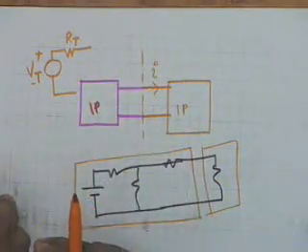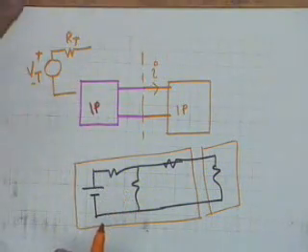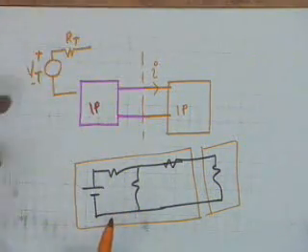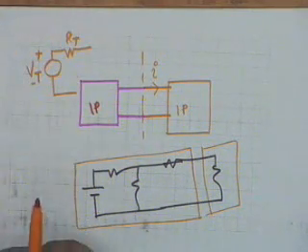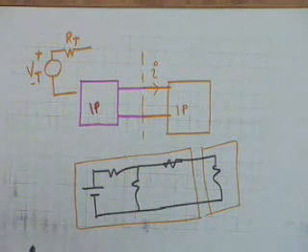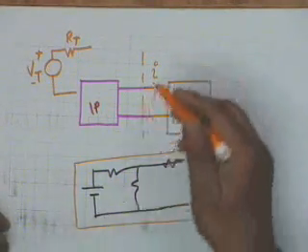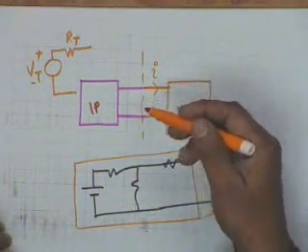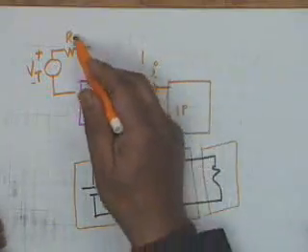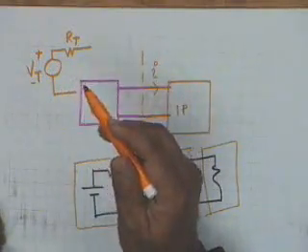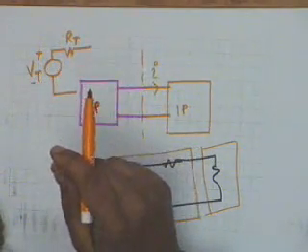You understand what I mean? It turns out that the one port which you consider as the driver can be thrown out and replaced by this simple series connection of a voltage source in series with a resistance Rt. In other words, I shall be the same whether you connect this one port, actual one port, or its equivalent circuit, and it is in that sense that this is an equivalent circuit.